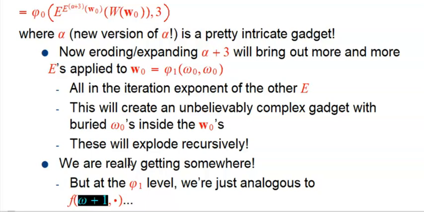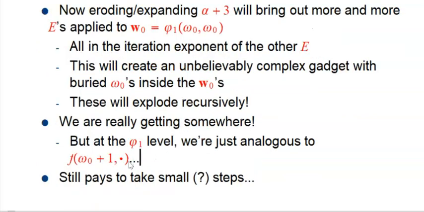That was doing the barest level of arithmetic on omega, or sorry, omega naught here. And now we're doing that in the phi1 inside the control exponent of an outer phi naught, but there's still clearly a lot more we can do in the phi1 level.